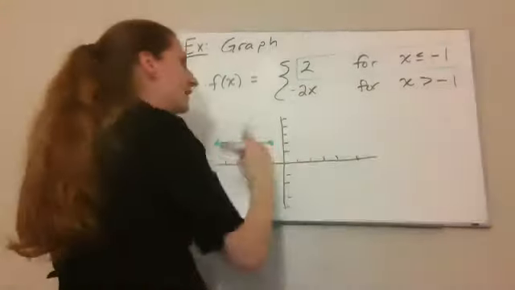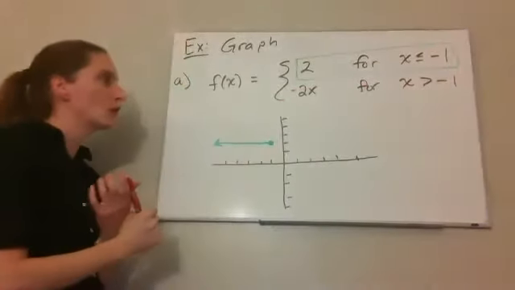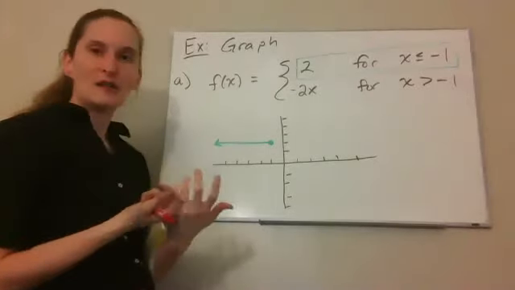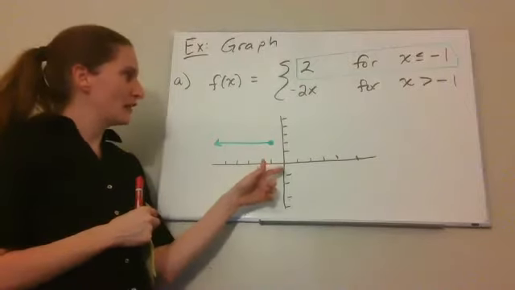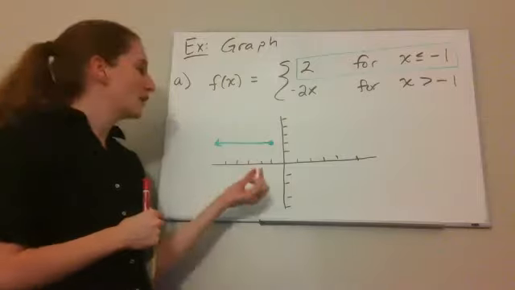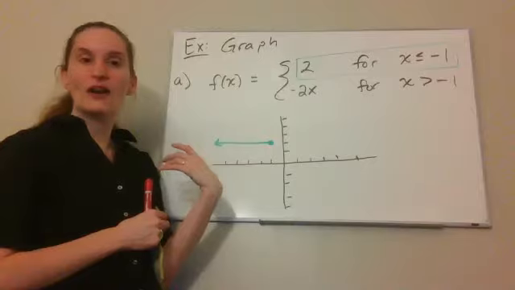Once I get past -1, so x greater than -1, we need to use this new rule, -2x. One mistake I see students make a lot is they'll just start plugging in points, like they'll plug in 0, 1, 2, and connect the dots on that side. But you're forgetting all of the infinitely many values between -1 and 0.